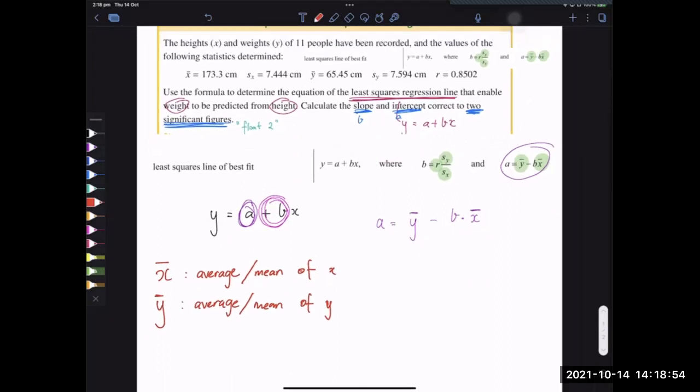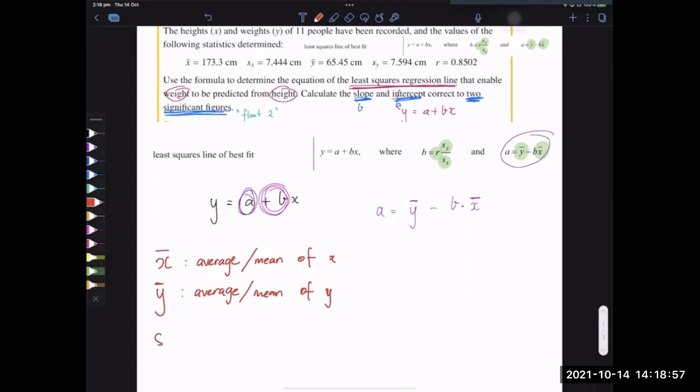What does the S mean? Standard deviation. Yes. Standard deviation of x.